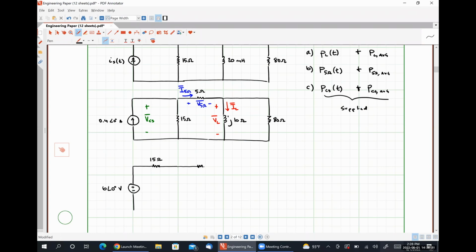So here's my 5 ohm resistor. Here's my j10 ohm inductor. Here's my 80 ohm resistor.